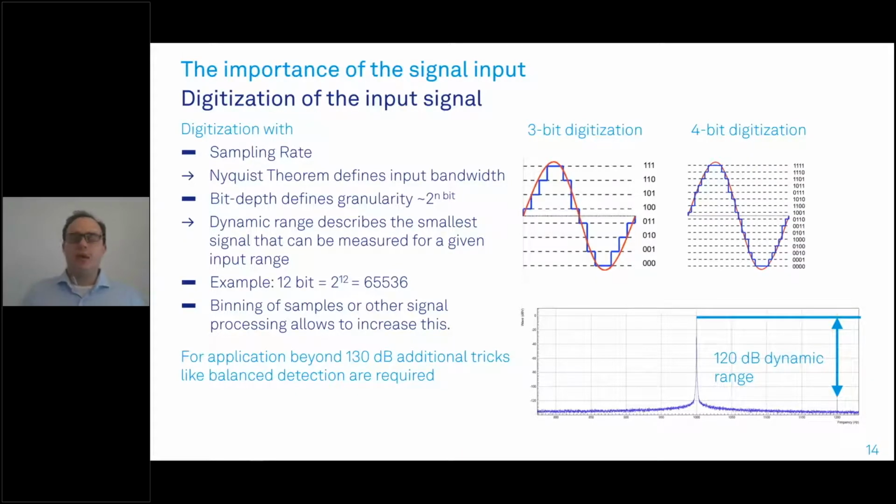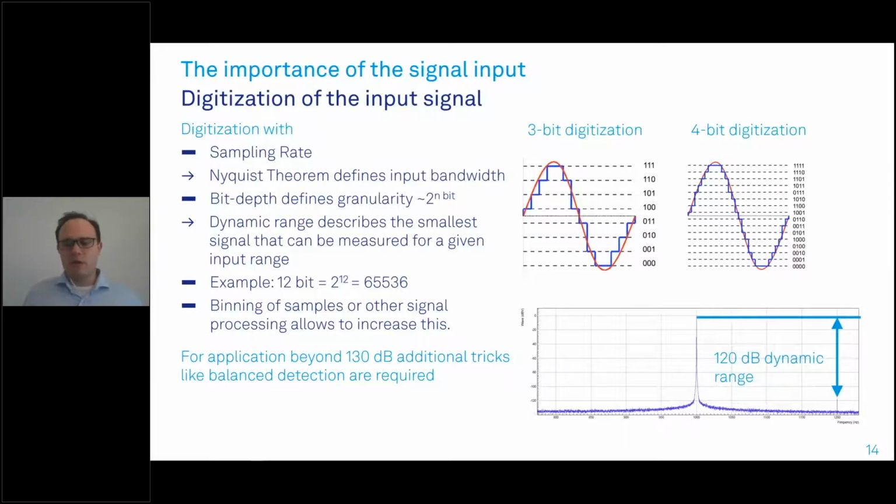In addition, we have the bit depth of the analog to digital converter, and this defines the granularity. The granularity is 2 to the n bit. And as you can see on the right-hand side, it maps out the signal depicted in red way better if I have more bits.